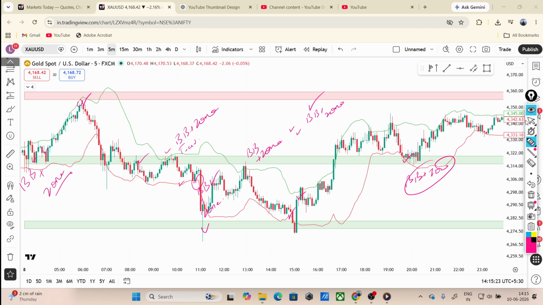It gives some confidence, or some support and resistance, like rejection here, and it will be taken towards support or resistance.